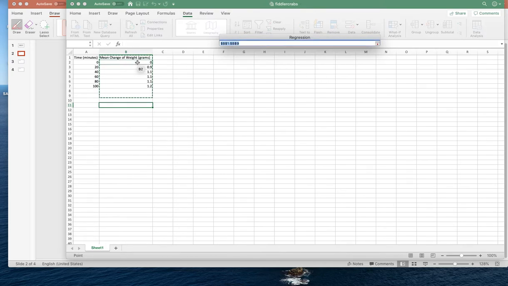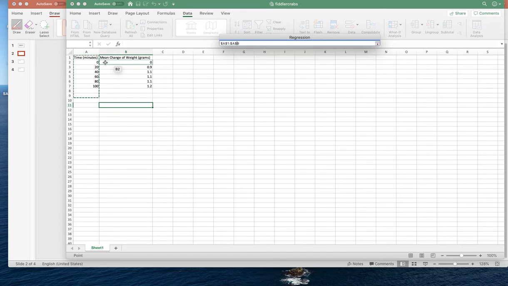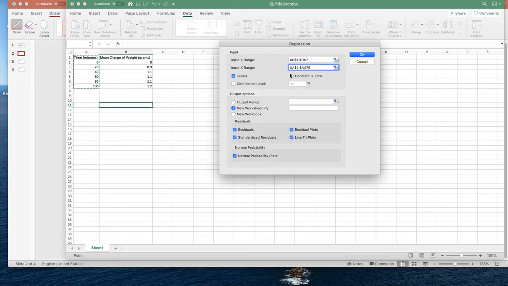The y values come first, which is this mean change of weight in grams, and we need the x values after that, which will be this time. I'm going to leave this checkbox here for labels, since we have the labels in the first row. And this is going to put this information into a new worksheet, and I'll keep all of these checked off, and then hit OK.